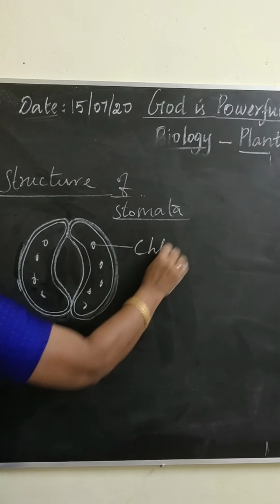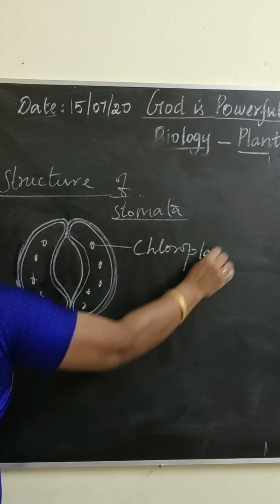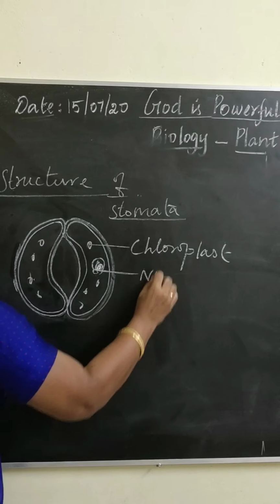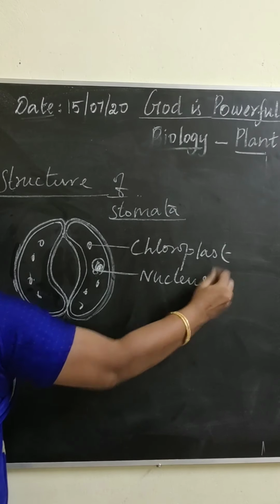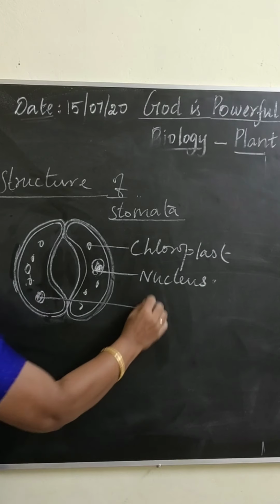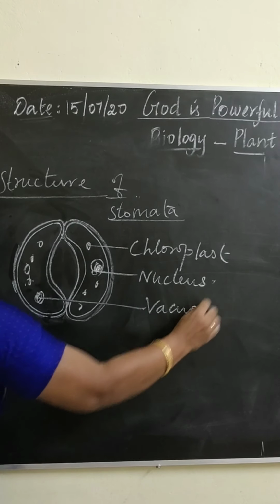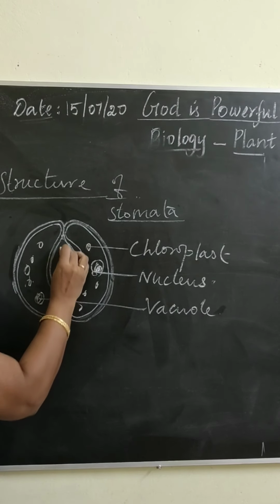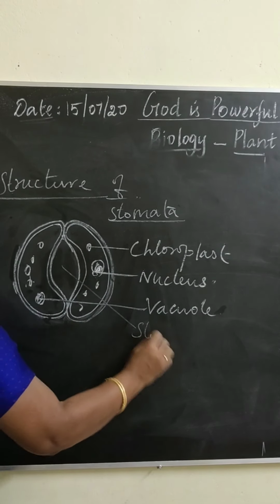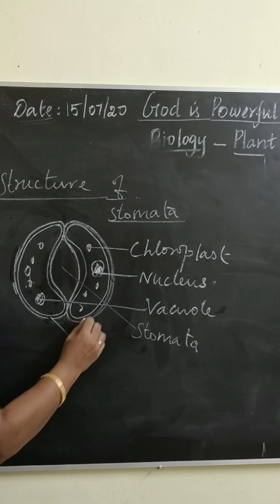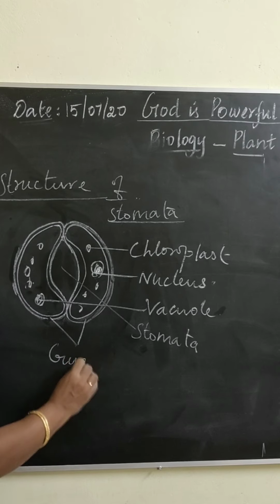This is chloroplast, nucleus, vacuole. The opening is called stomata. The two cells are called guard cells.